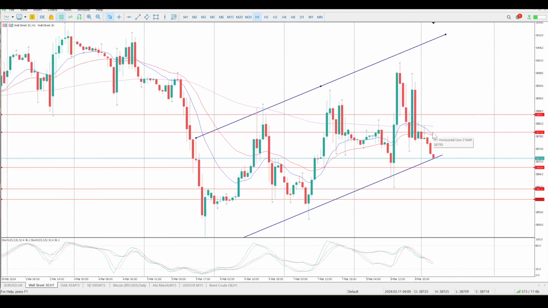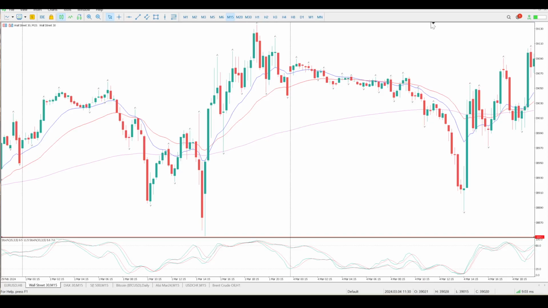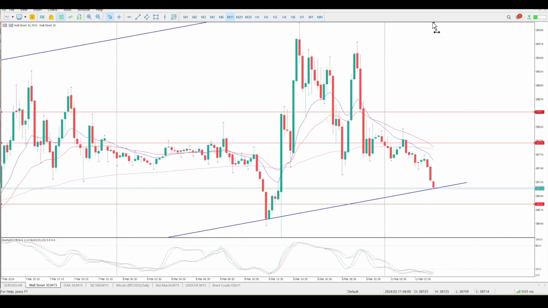So your next logic here would be resistance in this zone. Now I'm going to get down to 15-minute because that's where the action's going to be. So this 38,800 is definitely the zone you want to be paying attention to. I'm looking for rejection in this space, and if I just look left, I need to put another level in, which you're going to move.